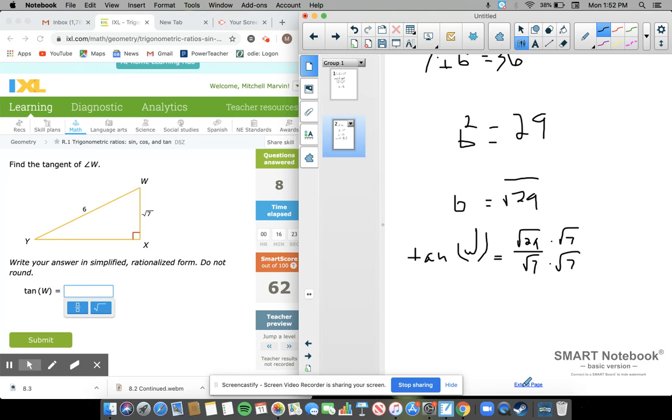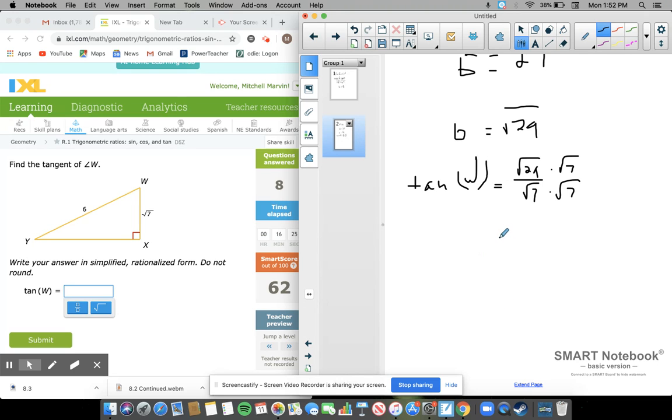What we end up with is the tangent of W equals square root of 29 times the square root of 7. I can multiply those out, so 29 times 7. I get the square root of 203 over regular 7. Now I need to make sure, is there anything in 203 that I can simplify down? I can test it just by dividing by the squares I know. So I did 203 divided by 4.